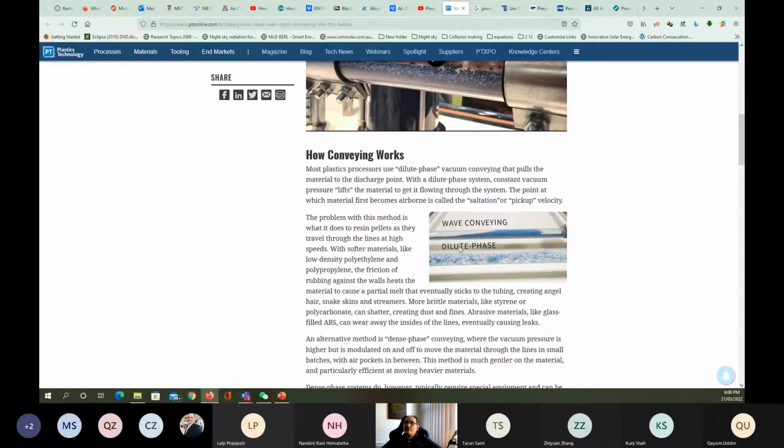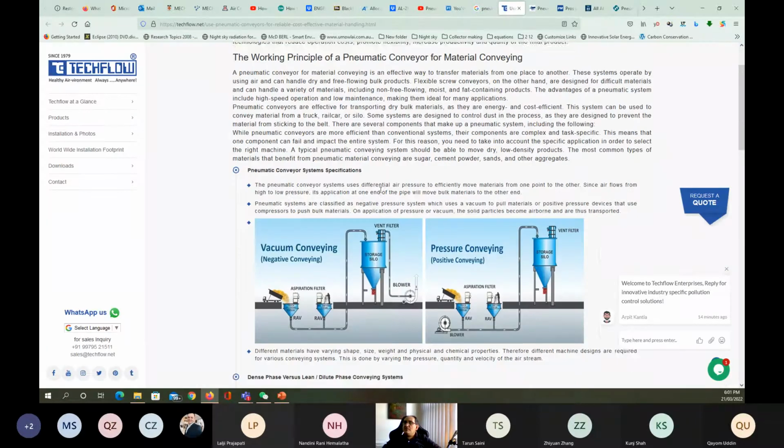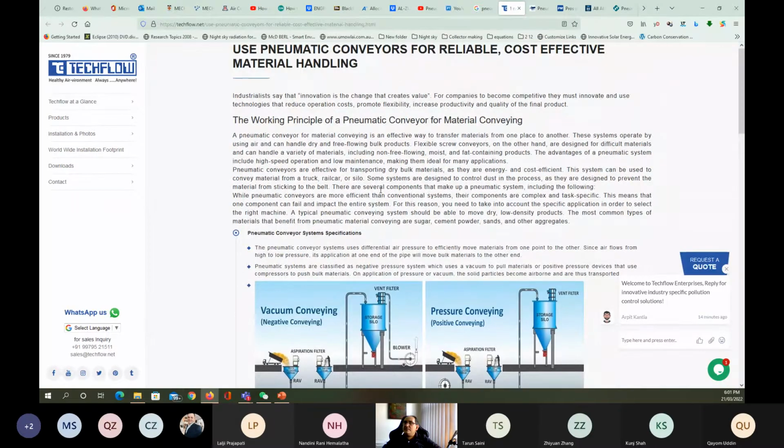For example, we have the dilute phase, the wet conveying, and the dense phase. Different methods, and each one is going to have a different application.